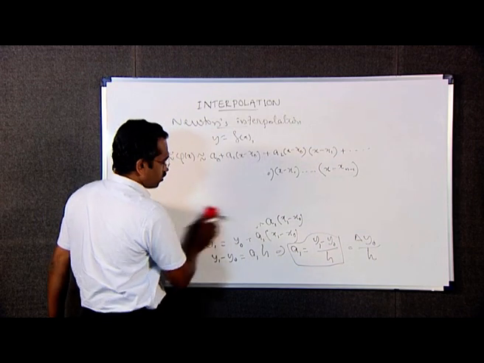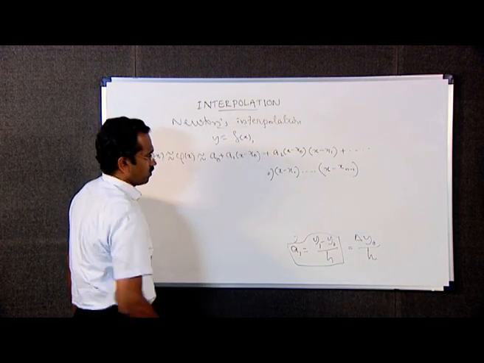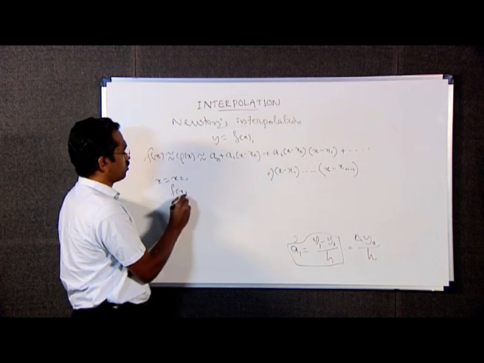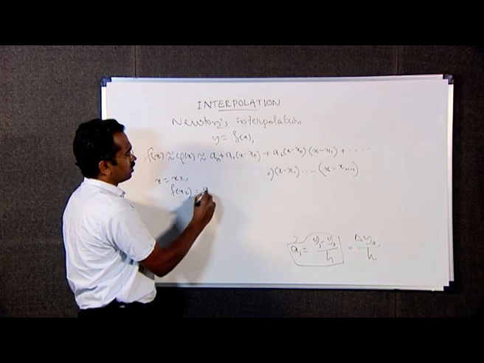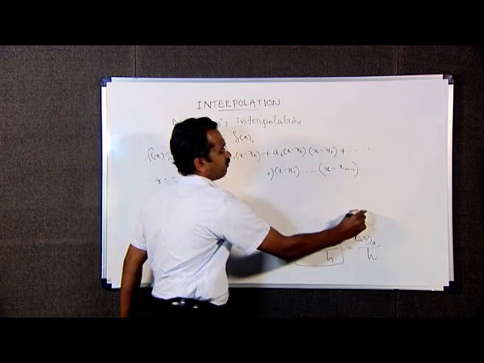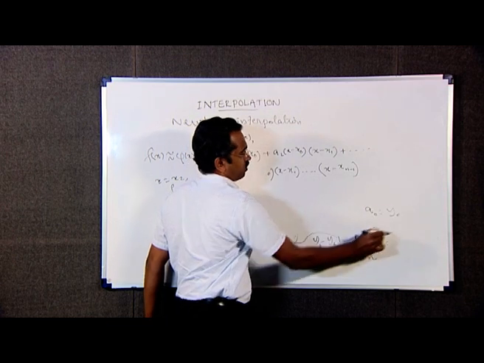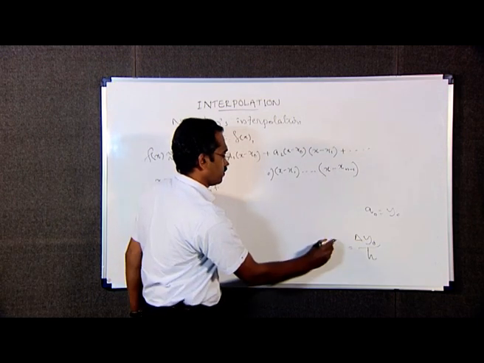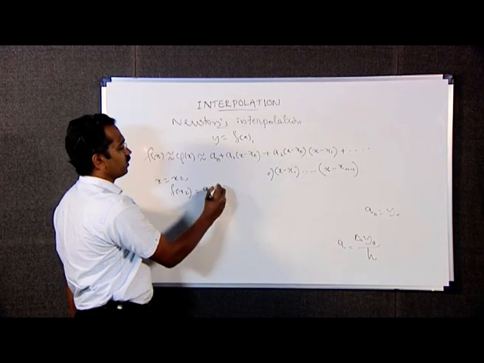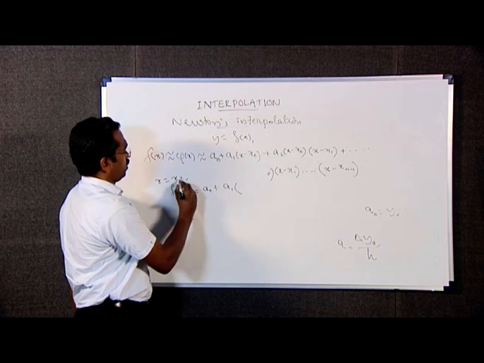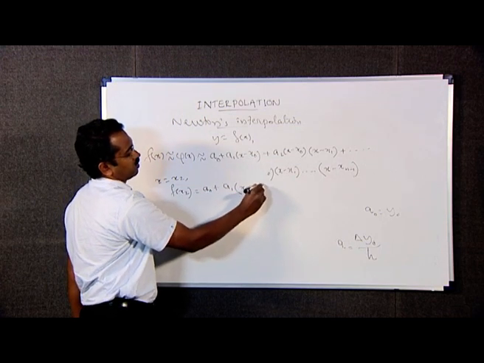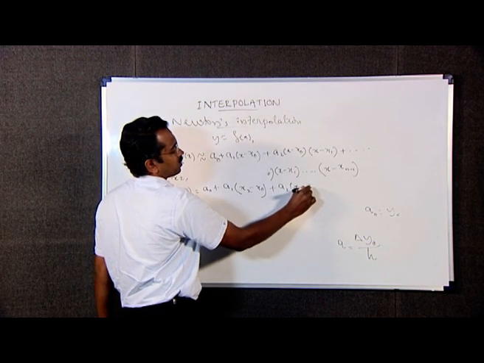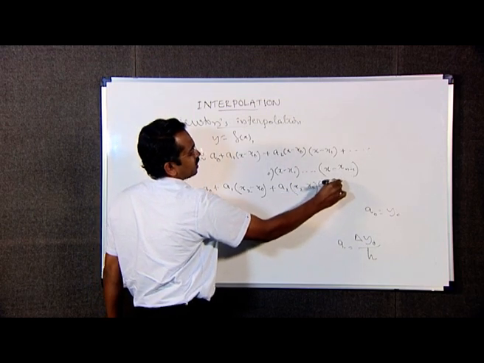Putting x equal to x2 gives, if we put x equal to x2, then f of x2 is equal to a naught plus a1 into x2 minus x naught plus a2 into x2 minus x naught into x2 minus x1, where the value of a naught is y naught and a1 is delta y naught divided by h.